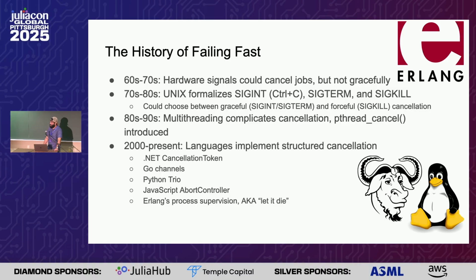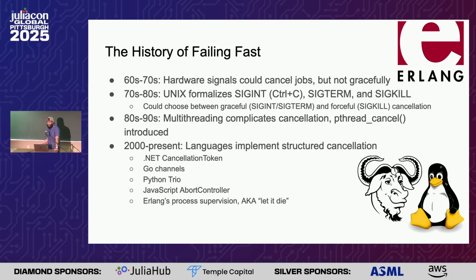The history of cancellation is reasonably long. We've wanted to stop long-running computations for as long as we've been doing computations and as long as we've been writing bad code. Back in the 60s to 70s, you had a button to basically shut off machines. The power button is always your last resort, but that's not very graceful. It probably took forever to start the machines back up then.